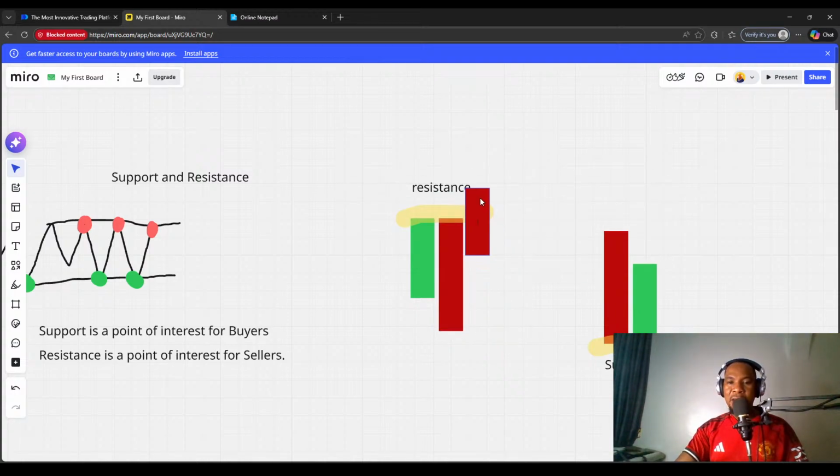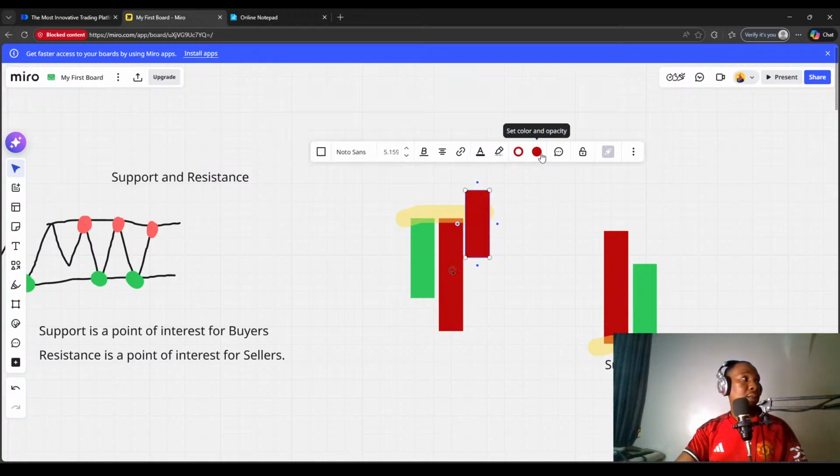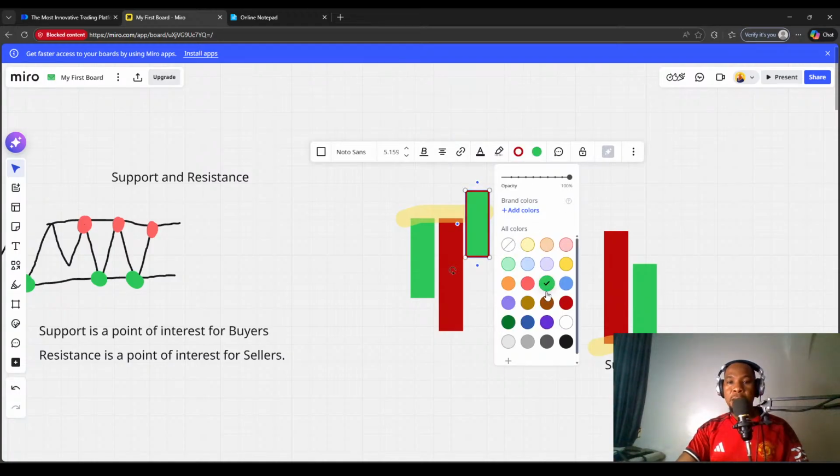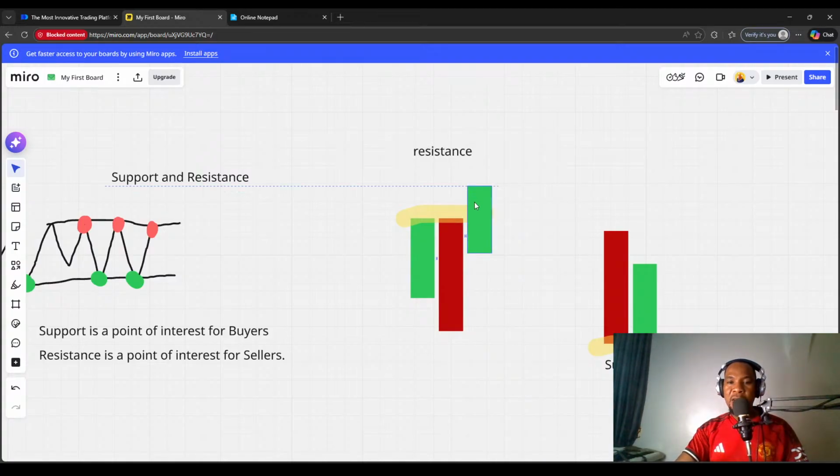Anytime a strong candle closes above the resistance region, something like this, there's a high probability that the next candle will go up to the next point of resistance.